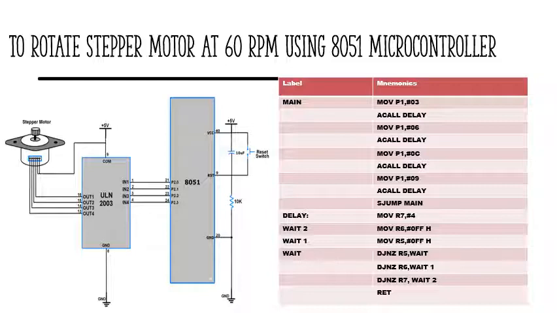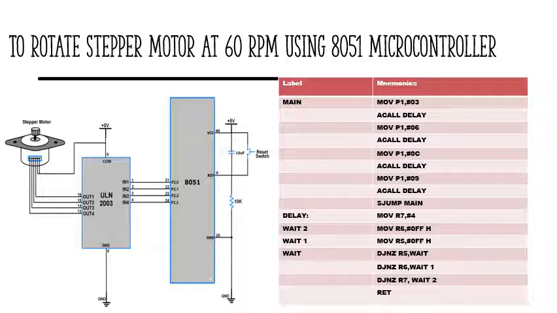ULN2003 is an IC containing a pair of Darlington configuration of transistors. ULN2003 takes a low power input and outputs a signal with greater power. The Darlington transistor is made up of two NPN or PNP BJTs connected together, where the emitter of one transistor is connected to the base of the other transistor to drive the load.